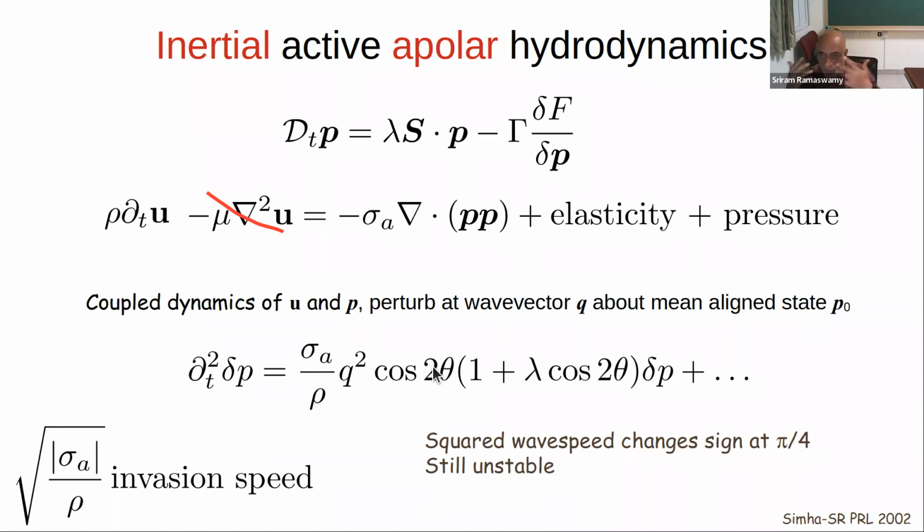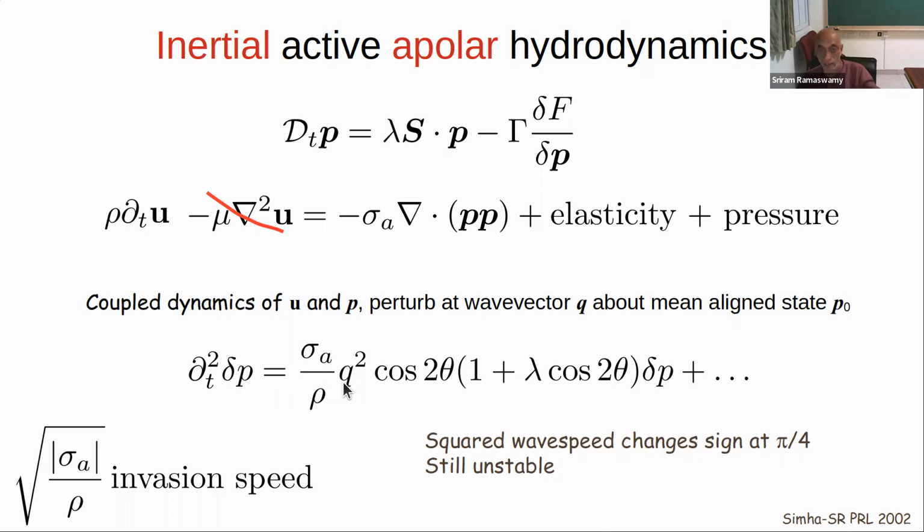Okay? I know it must be difficult to follow all this algebra, but I'm doing the best I can without facing you and without a blackboard. This says that if I replace d²/dt² by minus ω², then ω² is minus q squared times cosine 2θ, with a coefficient which is the activity. So this is a mode which, depending on the sign of the active stress, either above 45 degrees or below 45 degrees to the aligning direction, will give you ω² equals minus q squared.